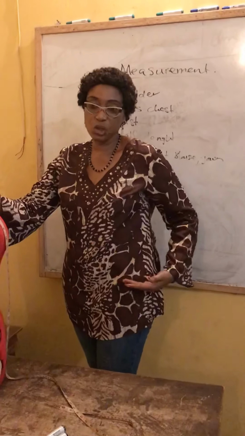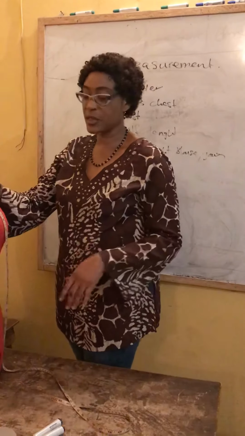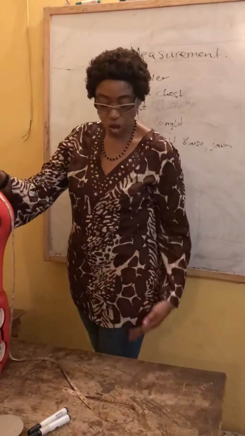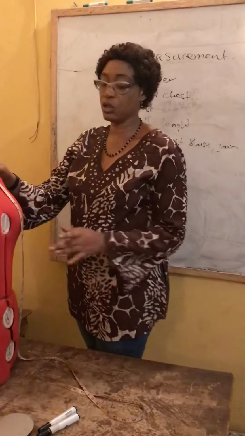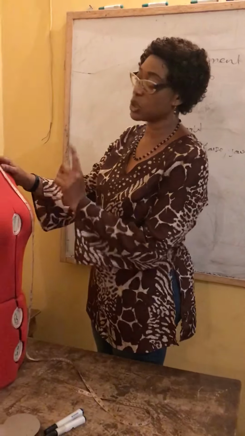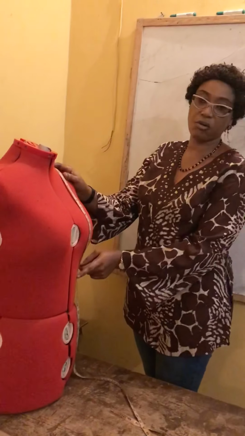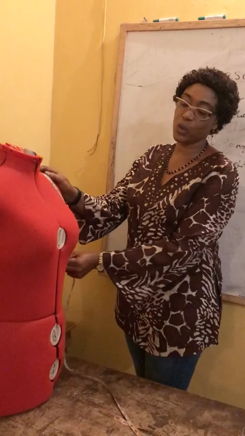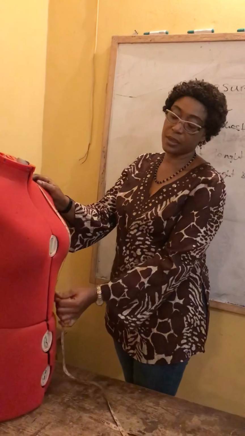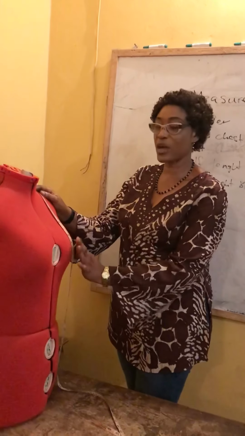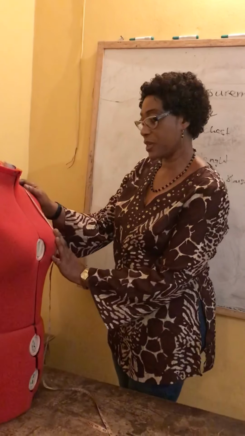Some might want it a bit shorter, so it depends on what your client wants. And if it's a long gown, a short gown, a midi gown, you just take your measurement and make sure that your tape rule is resting on the bust of your client. Don't take it this way, make sure it is this way. So with this, you are sure you are having an accurate measurement.